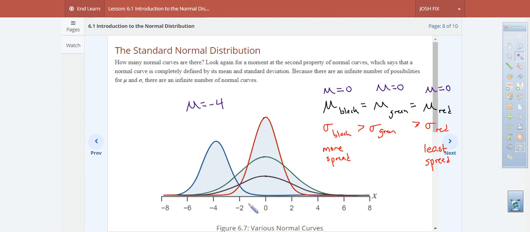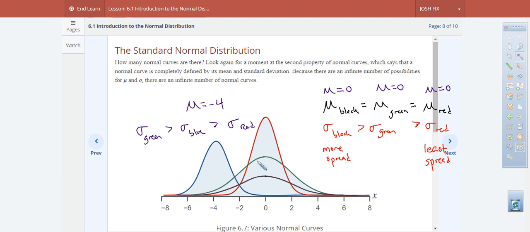And from there, if we compare it, the standard deviation of the green is greater than the standard deviation of the blue, which is greater than the standard deviation of the red.